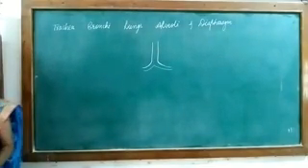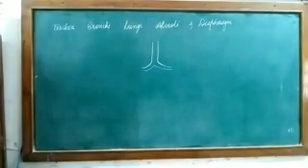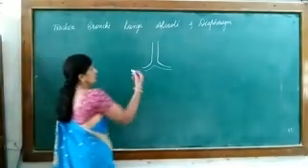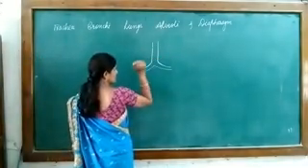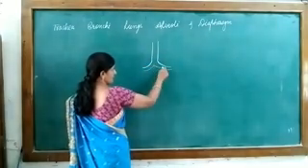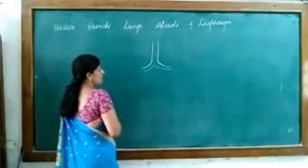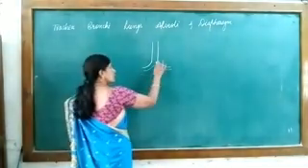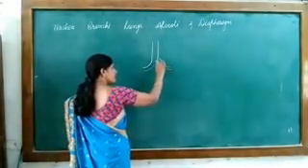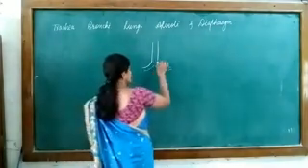The trachea divides into right and left primary bronchi. It reaches the middle of the thoracic cavity, and as soon as it comes into the thoracic cavity, it gets bifurcated. One goes towards the right side and the other goes towards the left side.